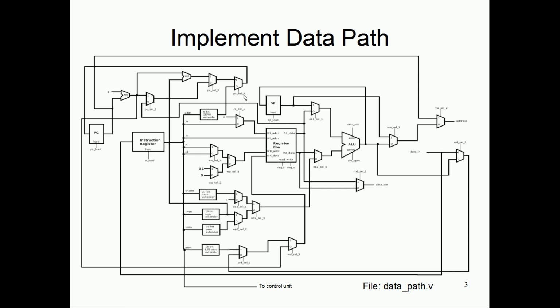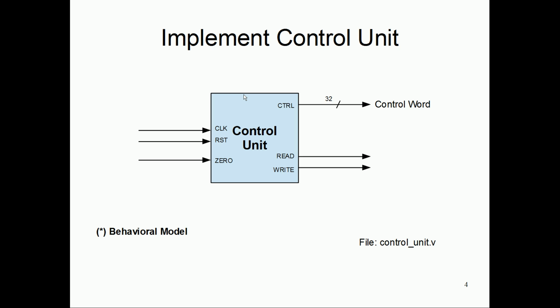That part is very unique from implementation to implementation. Now, as for the control unit, we'll not do gate level modeling of it because that is too complex to do at this point. We'll stick to the behavioral model like our previous RTL or behavioral model control unit. We already know how to implement that.